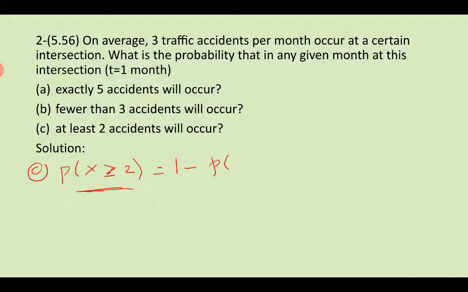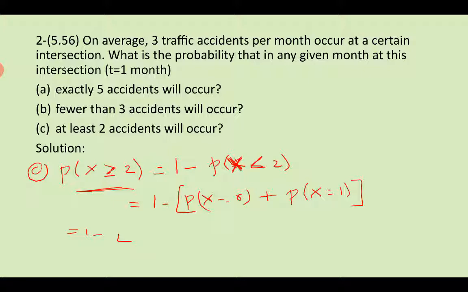Here equality is available on this side, on the other side avoid equality, with the opposite sign: this is greater than, it is less than. Probability of x less than 2. Less than 2 is 0 and 1. That's it. So 1 minus the probability of x is 0 plus the probability of x is 1.